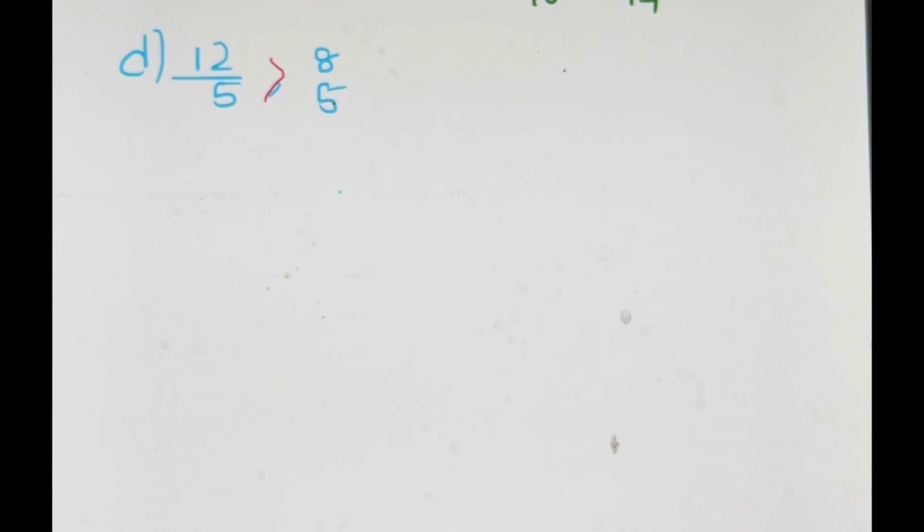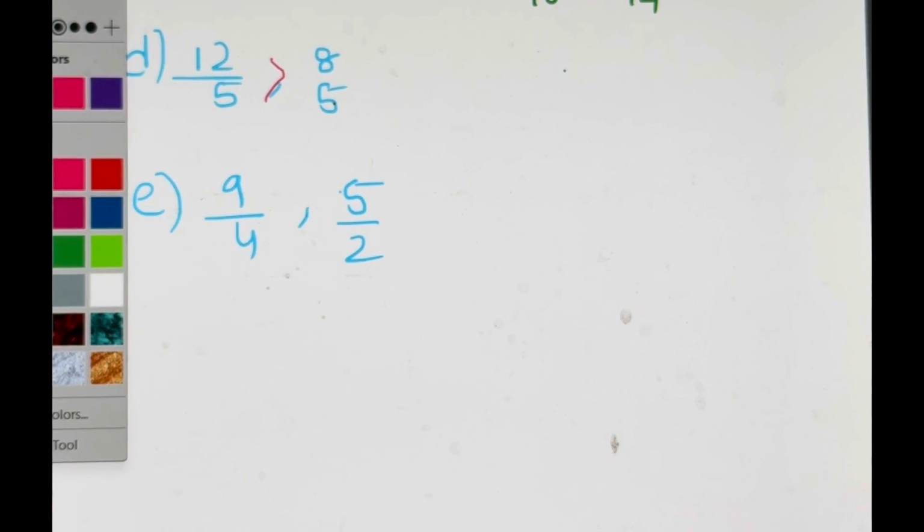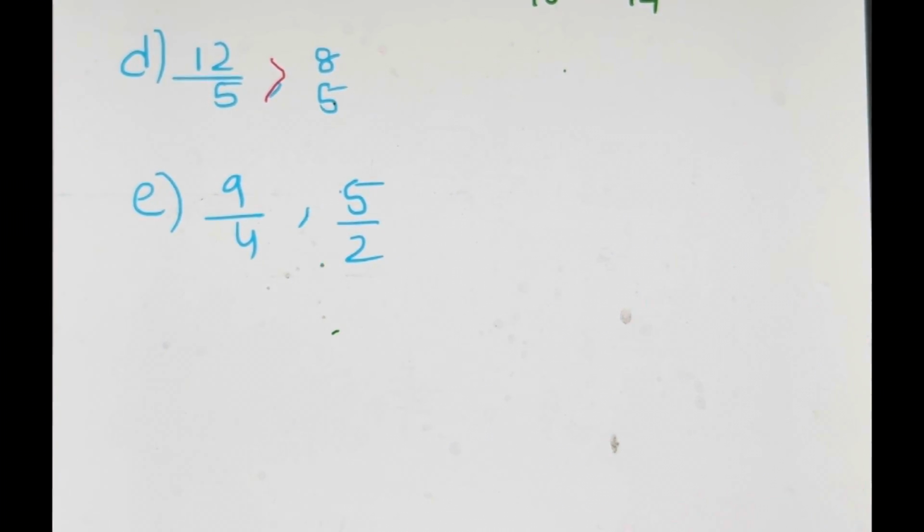Correct? Question number E. E is 9 upon 4 and 5 upon 2. You can see here if we compare the denominators, 4 is a multiple of 2. So what we do when one of them is a multiple, you simply multiply this fraction 5 upon 2 by 2.